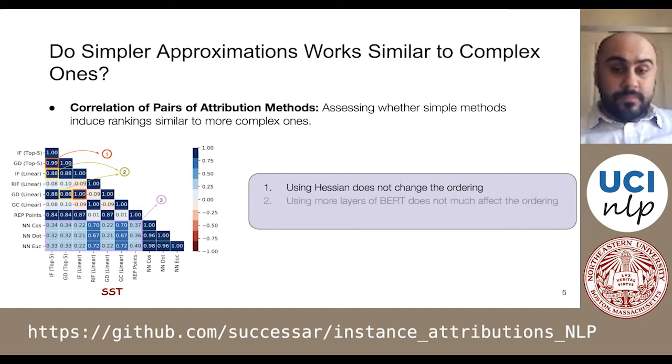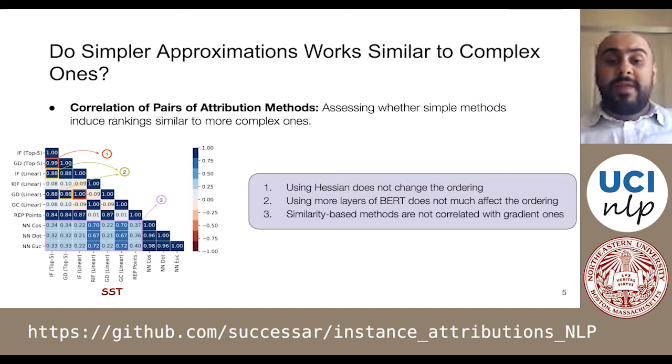Secondly, we observe that we don't need to use all the parameters of our classifier, which specifically here means the BERT classifier, and we can just use the last linear layer of our BERT in approximating our influence. And finally, we observe that similarity-based methods are not very correlated with the gradient-based instance attribution.